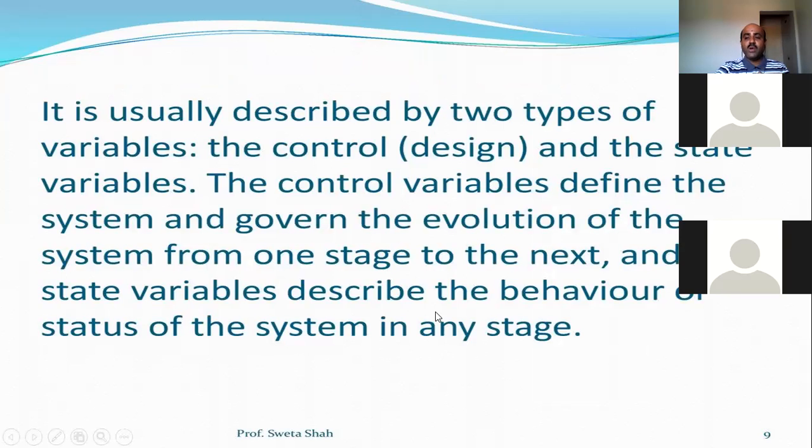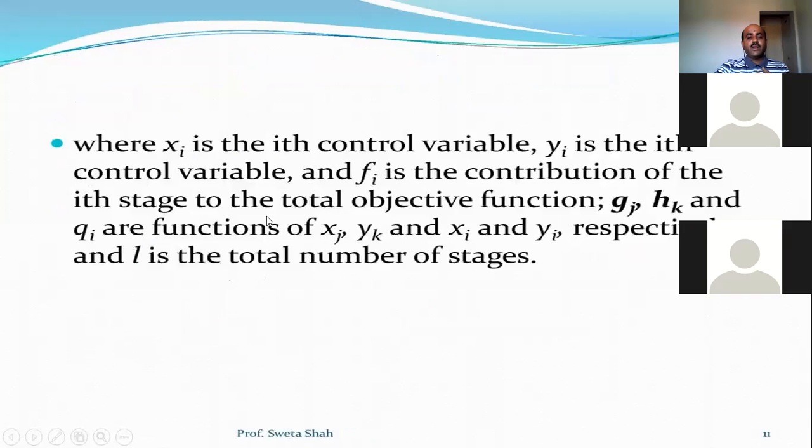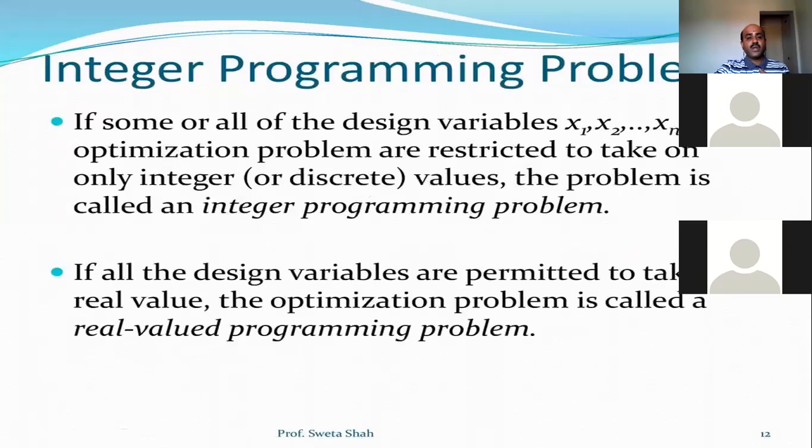The problem is to find a set of control or design variables such that the total objective function over all stages is minimized, subject to a set of constraints on the control and state variables. This is a standard model for the optimal control problem, where x_i is the ith control variable and y_i is the ith state variable.